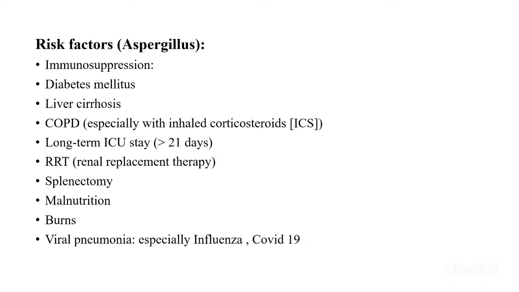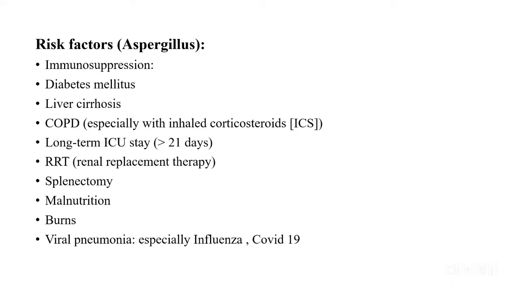Risk factors for aspergillus. First is immunosuppression: organ transplantation patients are at high risk, as are hemato-oncological patients, allogenic stem cell transplantation, especially acute myeloid leukemia, patients after lung transplantation, and transplant rejection patients. Neutropenia, systemic steroid therapy, calcineurin inhibitors, HIV, and cytomegalovirus infection are included in immunosuppression.